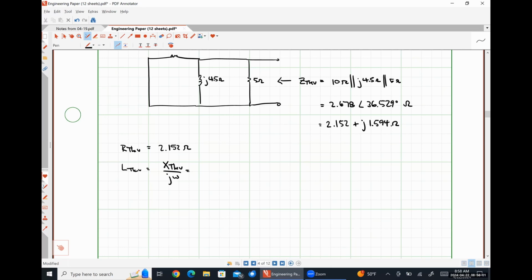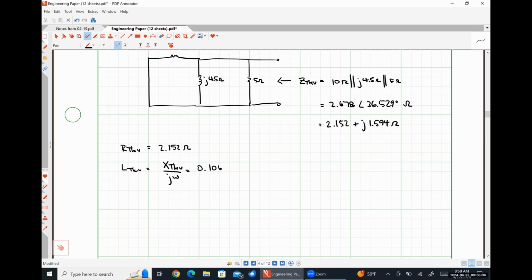So the imaginary part of what I have stored in my calculator divided by 15j gives me 0.106 and some change.